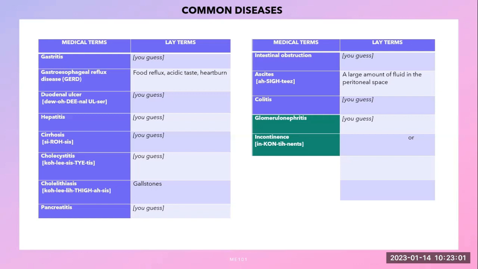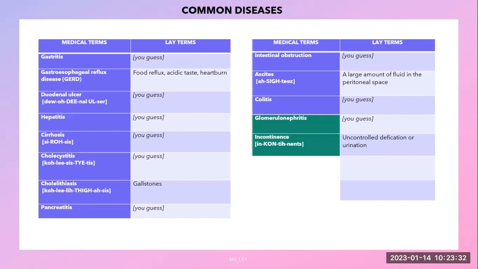Okay, incontinence. Does anyone know? I think continence means it can control. So it means it can control urinary. Yes, you can control urinary. So you can use urinary incontinence, or I usually use fecal incontinence as well.